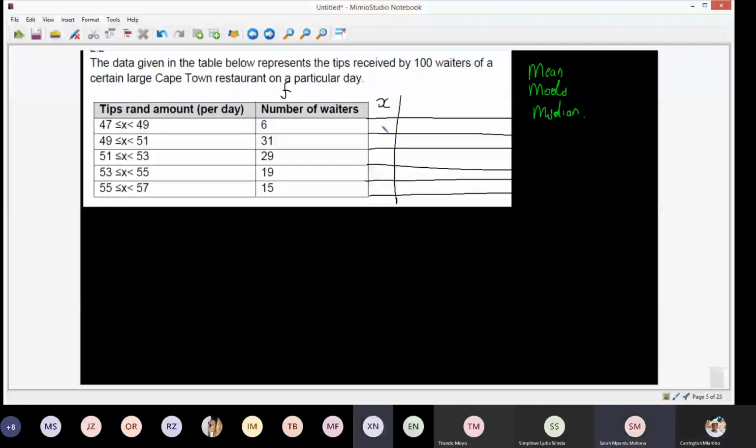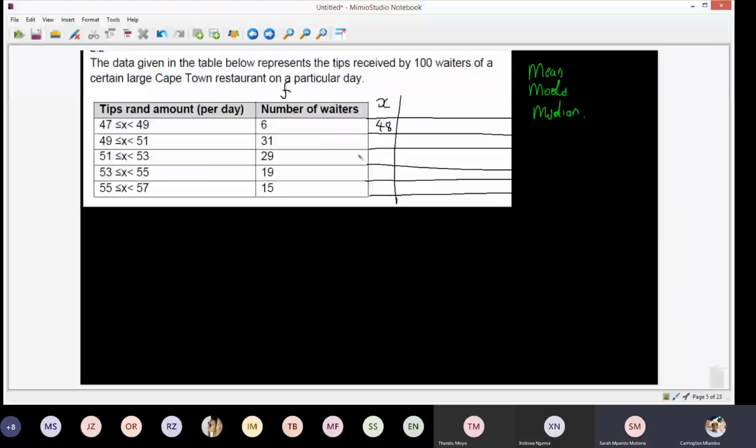Anyone? It is the midpoint. So what's the midpoint here? 47 plus 49 divided by 2. What do you get? 48.